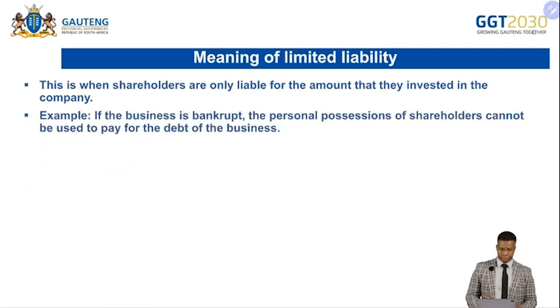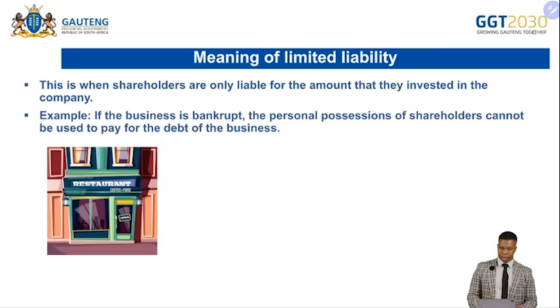For example, if the business is bankrupt, the personal possessions of the shareholder cannot be used to pay for the debt of the business. So what are we saying there? As a shareholder, let's say you have invested 100,000 in a particular company.